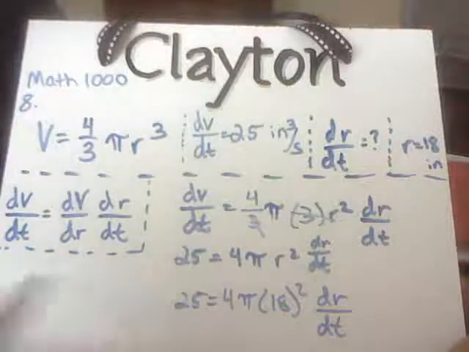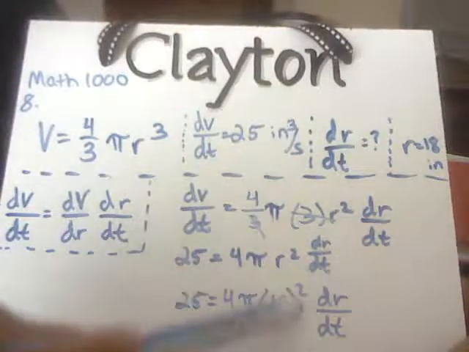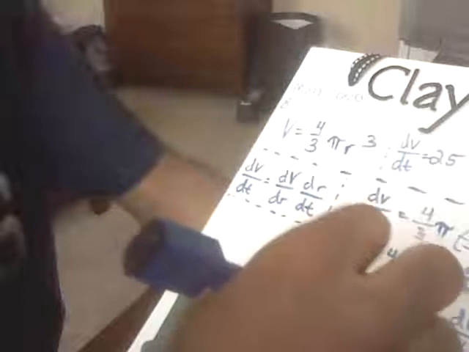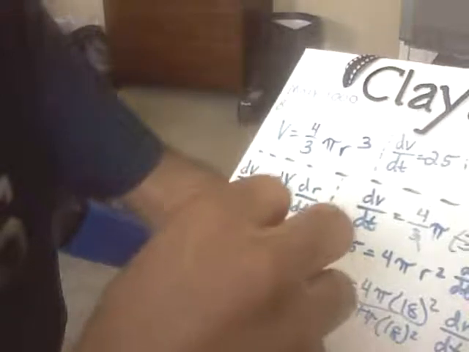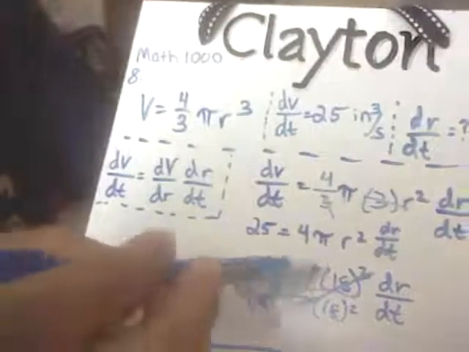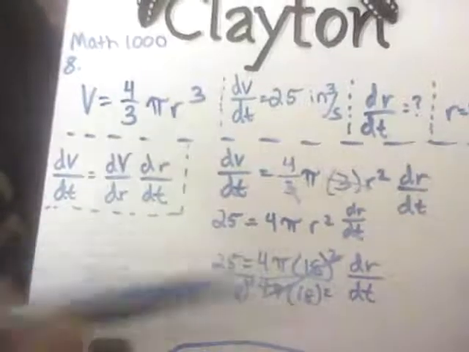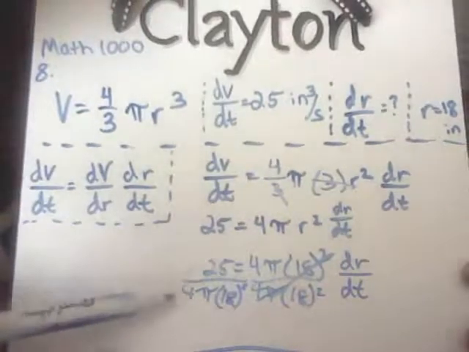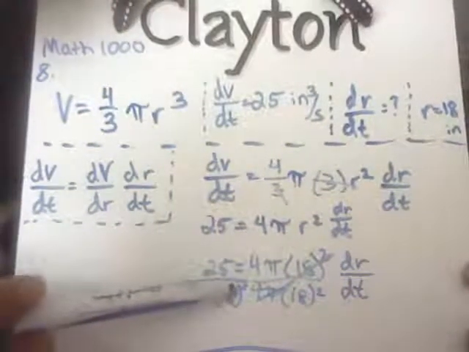Now all we have to do is isolate our dr over dt by doing some simple division. So we divide both sides by 4 pi times 18 squared. This side of the equal sign will cancel out as 1 because you're dividing a number by itself. And we're left with dr over dt equaling 25 over 4 pi times 18 squared.